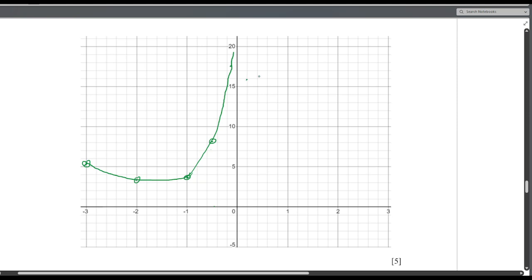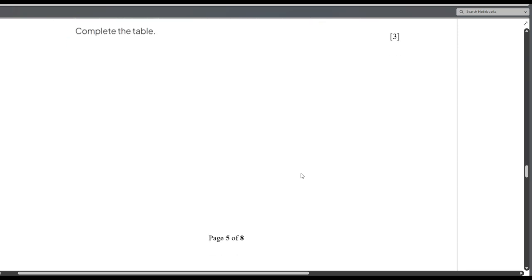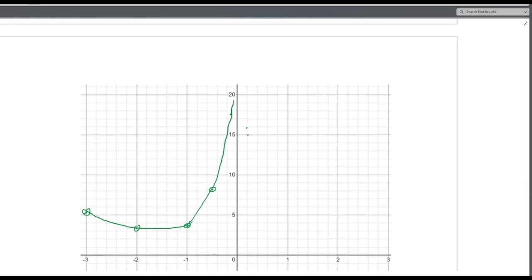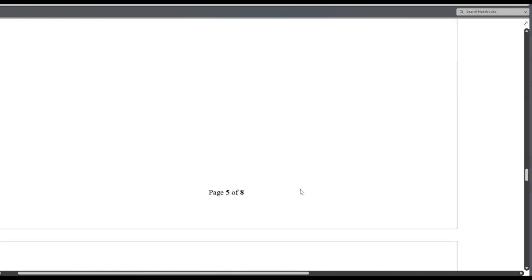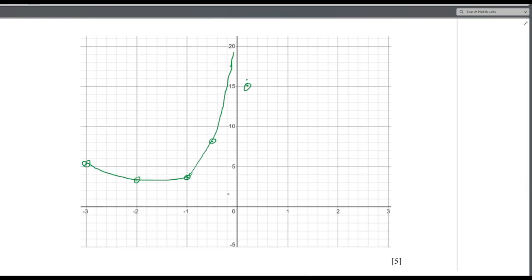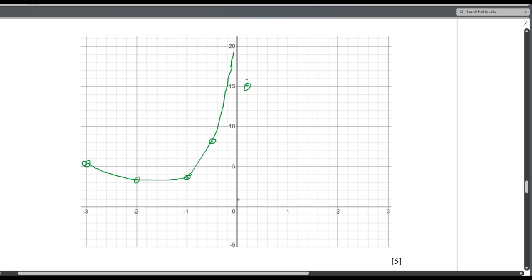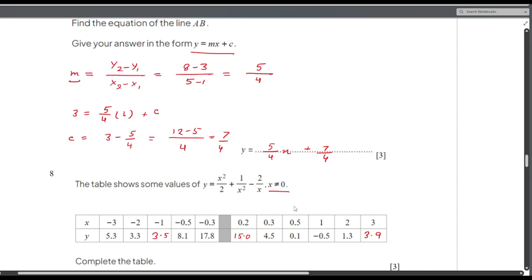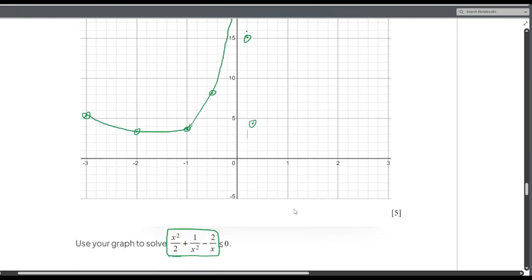So this is the point. For 0.3 the result is 4.5, somewhere here. For 0.5 it is 0.1, so somewhere here.